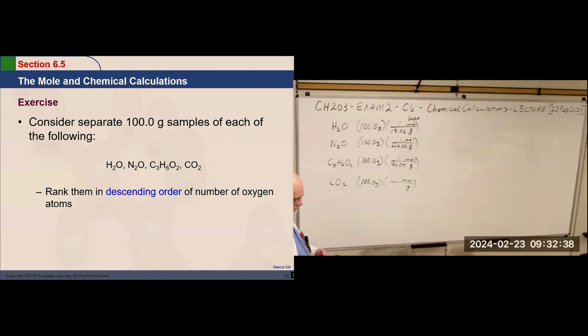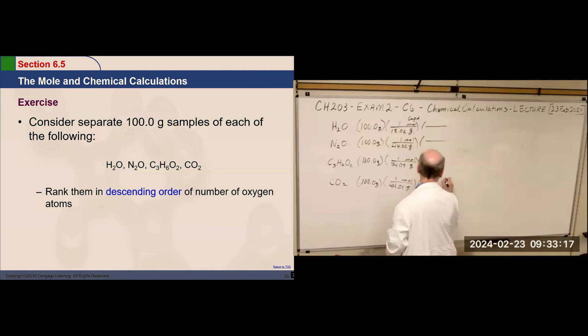Okay, so this will give us moles of the compound. For every mole of the compound, we have 1 mole of oxygen here, 1 mole of oxygen there, 2 moles of oxygen there, and 2 there. So rather than calculate the moles of the compound and introduce rounding error and then try to calculate the oxygen, we're just going to do the whole thing at once.